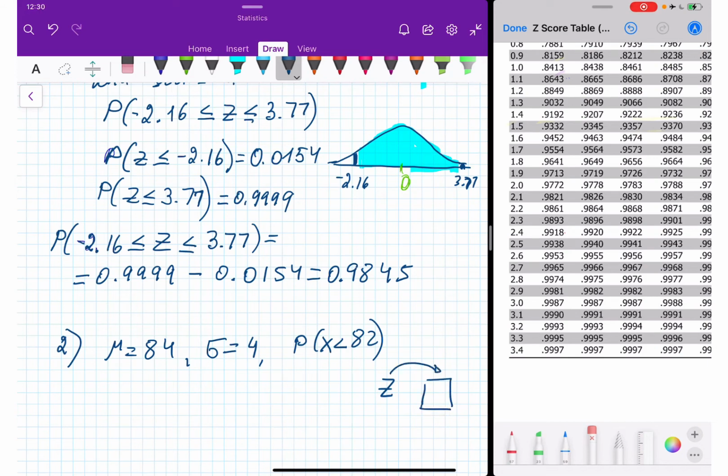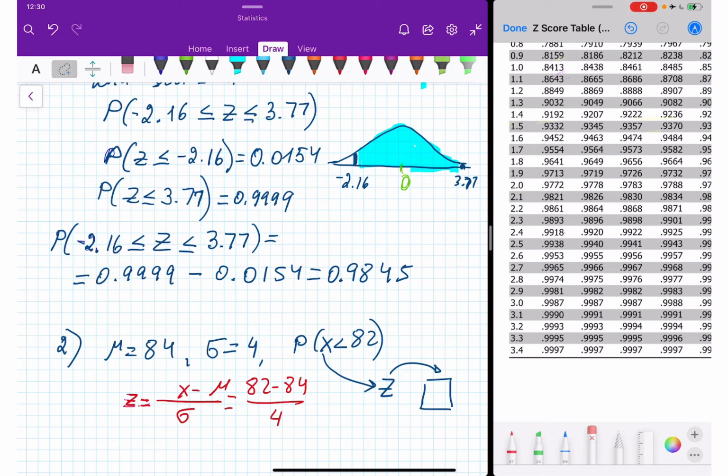Only z-score has access to the table. Therefore, we need to transform our x to a z-score. How are we going to transform? The formula for z-score is x minus mu divided by sigma. X is 82 minus mu is 84, divided by sigma is 4.